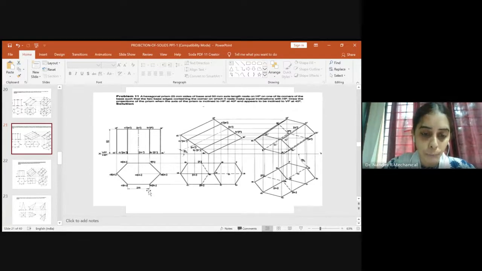So here also B of B1 and F of F1 will come along the same line. So you will take the projection. Once you take the projection, you have the length of 50 mm measured already for the axis. Similarly, measure 50 mm, 50 mm, 50 mm and 50 mm and kindly join it. So this provides our front view.